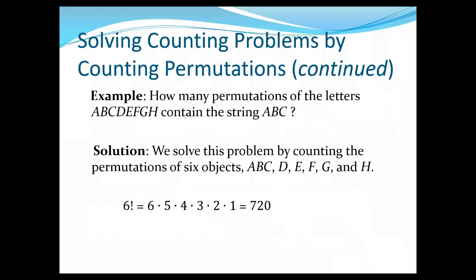It will just be ABC, whether it is in the first part, the last part, or the middle part. So that's why we consider it as 1 element, 1 plus the other letters. So 1 plus 5, we have 6. And then 6 factorial, 720 ways.